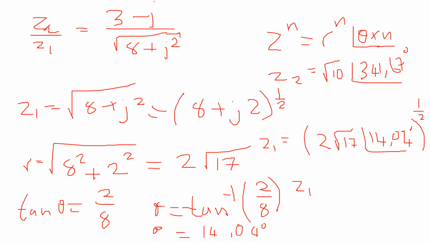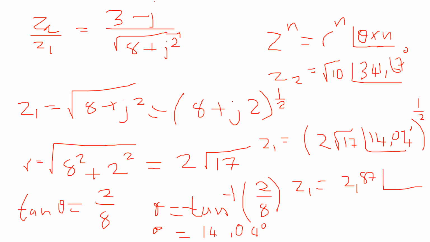It's going to be 2 square root 17 to the power of 1 over 2, which gives us Z1 is going to be 2.87, and then an angle of how much?